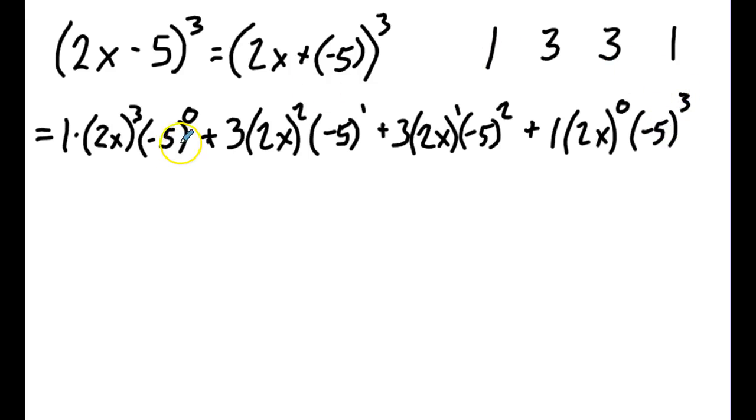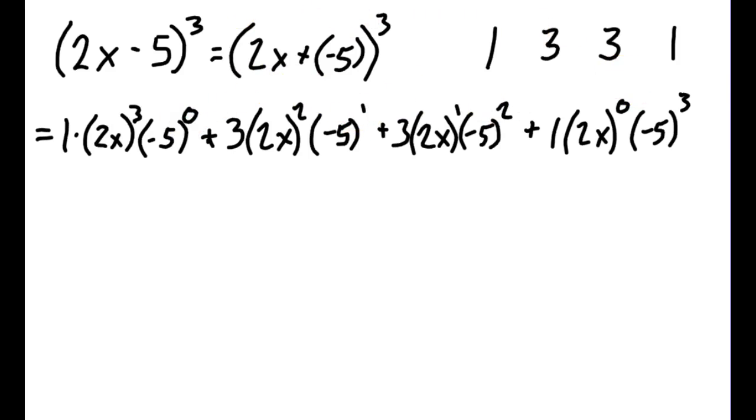Again, if you look, if I add these exponents, 3 plus 0 is 3, 2 plus 1 is 3, 1 plus 2 is 3, 0 plus 3 is 3. The exponent on 2x is going to decrease by 1 each time. The exponent on -5 is going to increase by 1 each time.